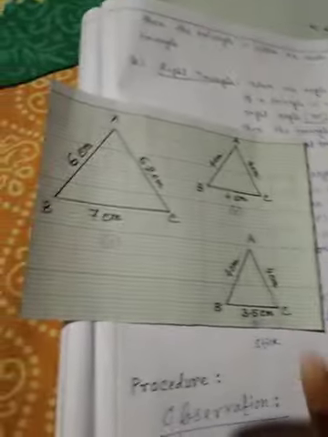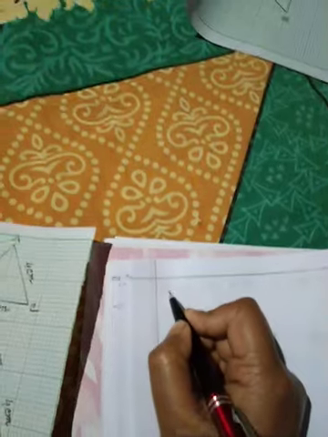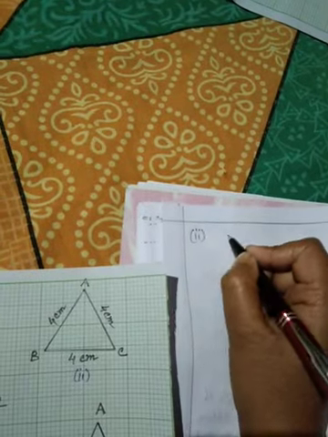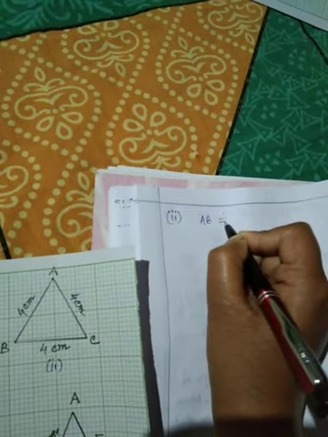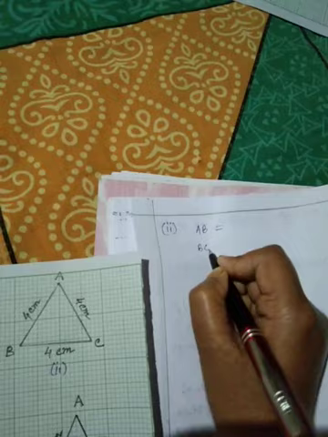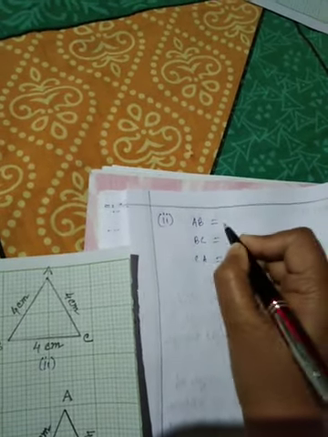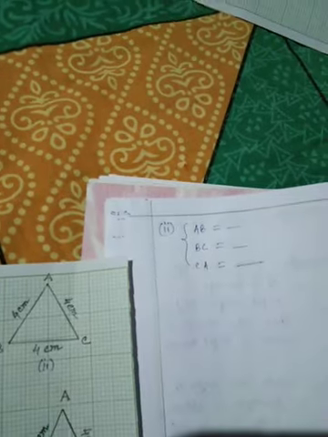So now from figure 2, whatever we get, we will write in the observation part: AB equals how much, BC equals how much and CA equals how much, and from these values we will be able to understand which type of triangle this is.